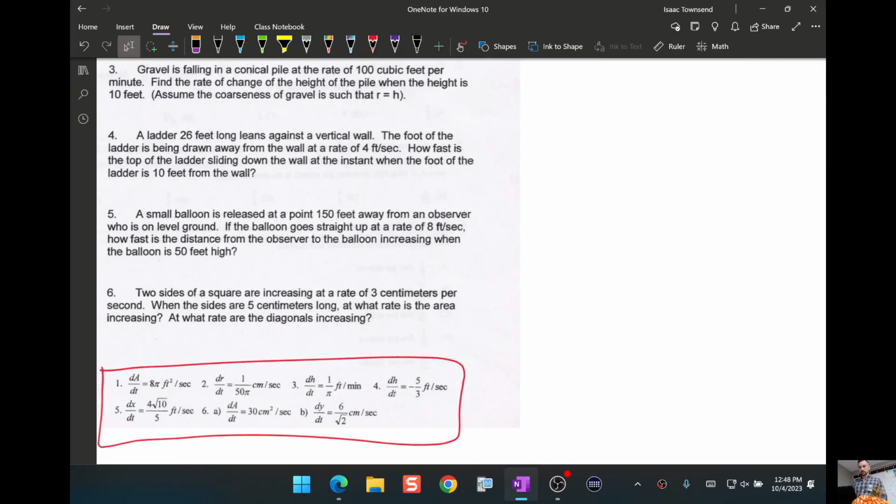Now, equals, right? Yeah. R prime, 1 over... wait, we need to find H prime, so we should do H cubed. I'm just kidding. I got 1 over pi?